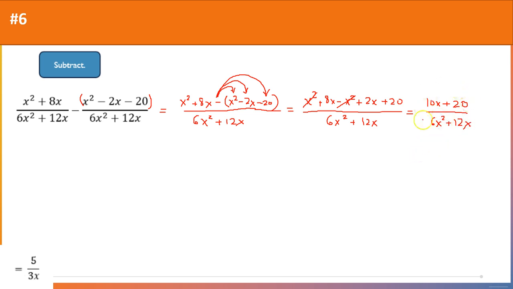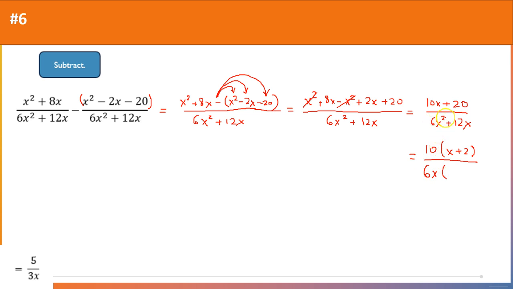Okay. All right, so we have our fraction that can be reduced. So let's just kind of bring it down here, and we're going to factor out 10. So we take out a 10, that leaves me with x plus 2. All right, in the denominator, we're going to factor out 6x squared plus 12x, so we can factor out a 6 and an x.